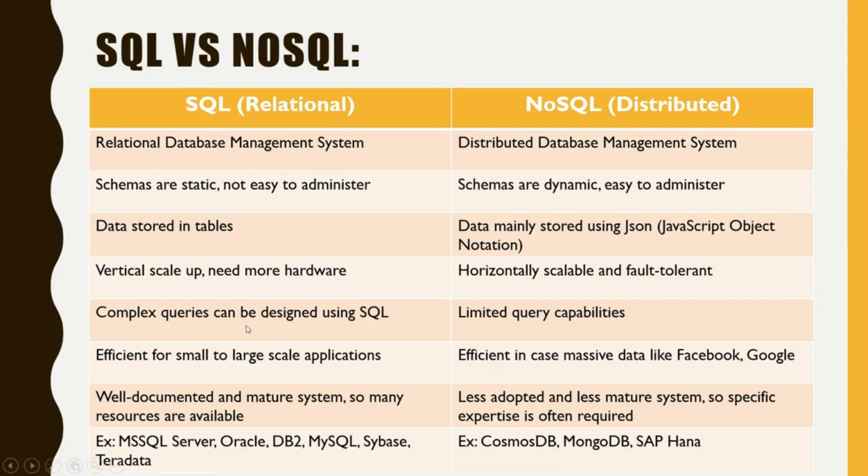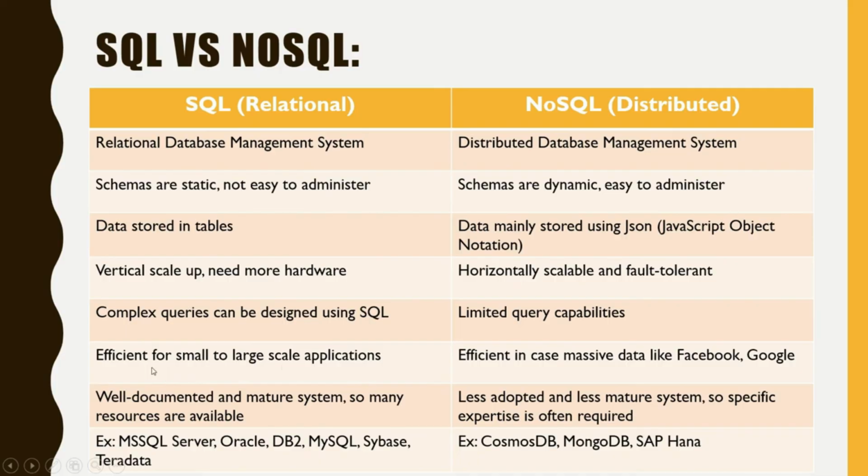Complex queries can be designed using SQL, whereas there is very limited query capability in NoSQL. SQL is a well established and developed language, so complex queries can easily be written in SQL, whereas NoSQL is a new query language, so there is limited query capability in NoSQL. SQL is efficient for small to large scale applications.